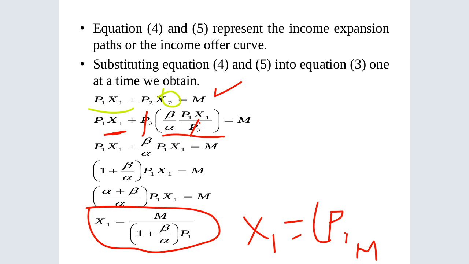So you can now solve and get the common terms together. This is what you have once you have done that. So you can factor out p1 x1, which gives you this once you have factored out.